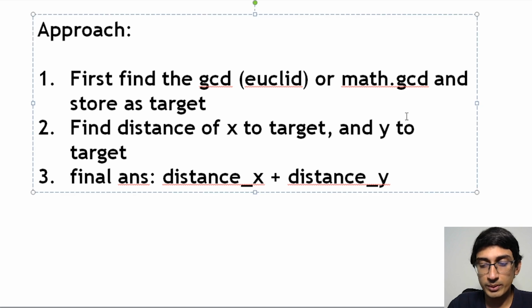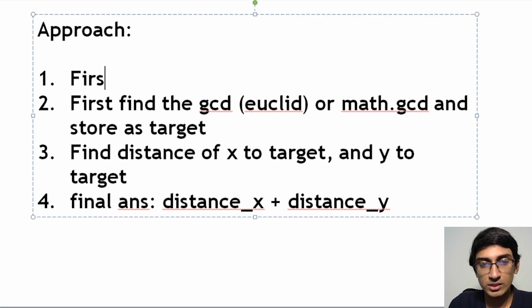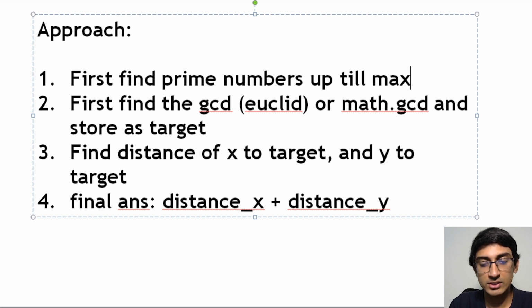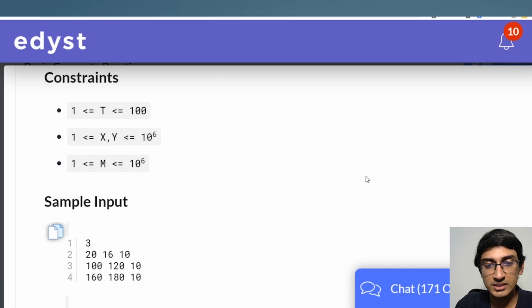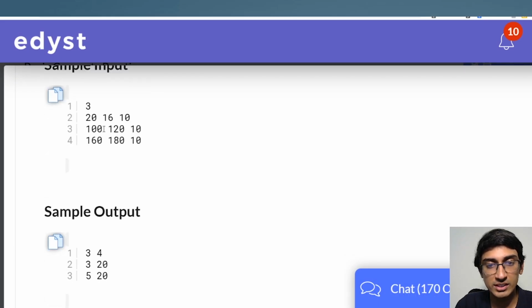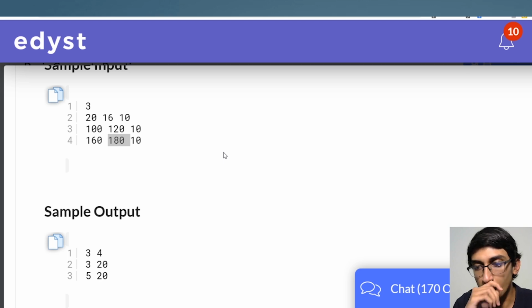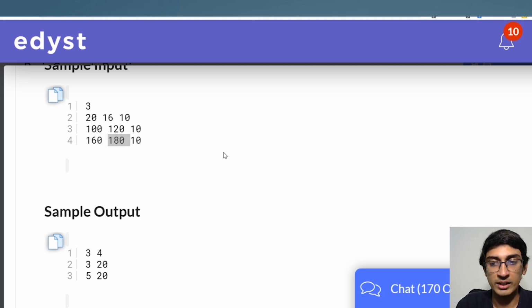So even before finding the GCD, first find prime numbers up till max x, where max x is the maximum x that we have received in all of our test cases. In this case the maximum would be 180. We find all the prime numbers up till 180. If you have 1 million, we find all the prime numbers up till 1 million. So that's what we are going to do at that point.